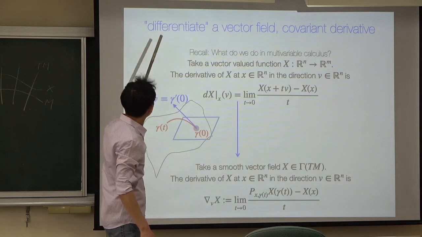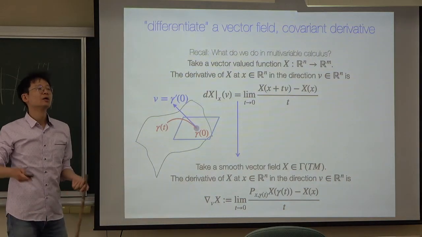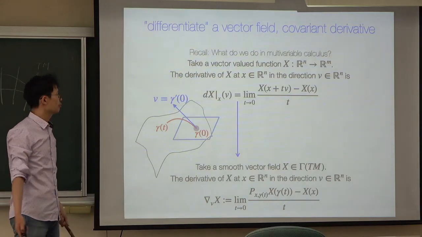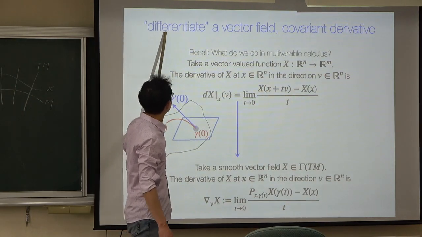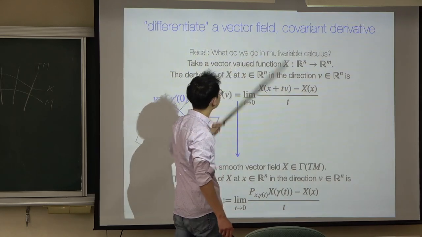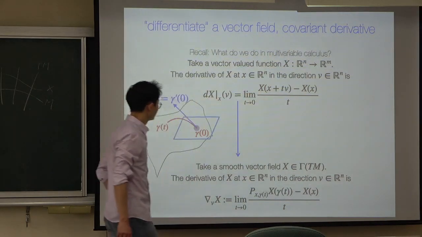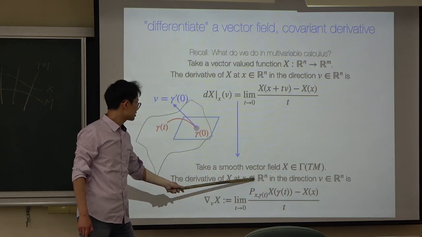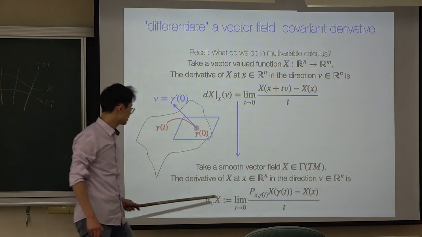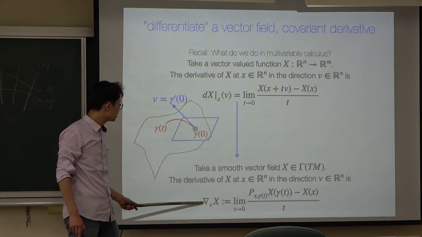So, finally, after maybe 5 minutes, I hope so, only 5 minutes, we can differentiate a vector field, called the covariant derivative. What you do is you take a vector field at x in a direction v, defined in this way.